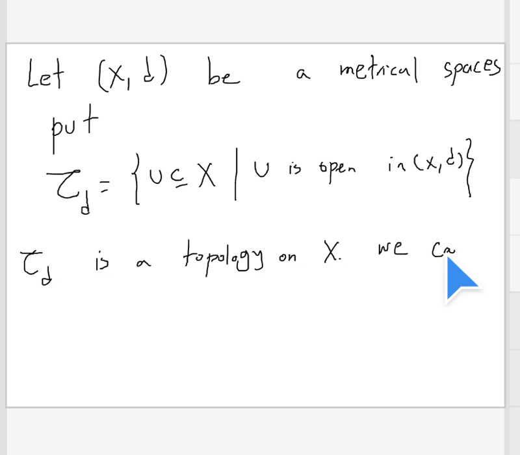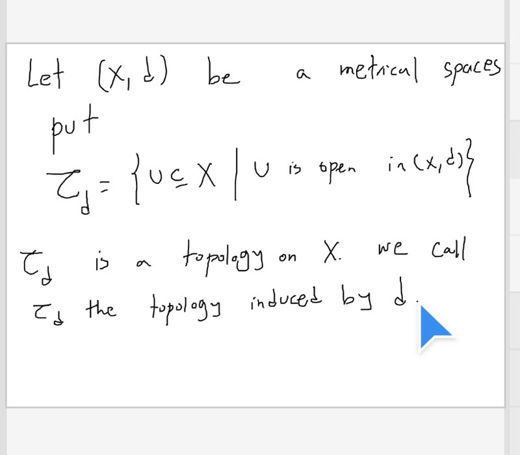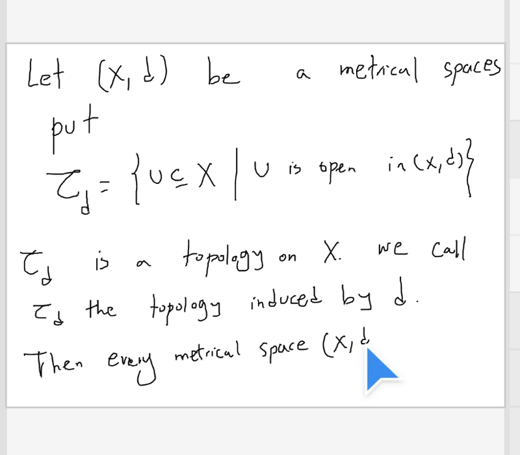We call tau_d the topology induced by d. Then every metric space (X, d) is a topological space.